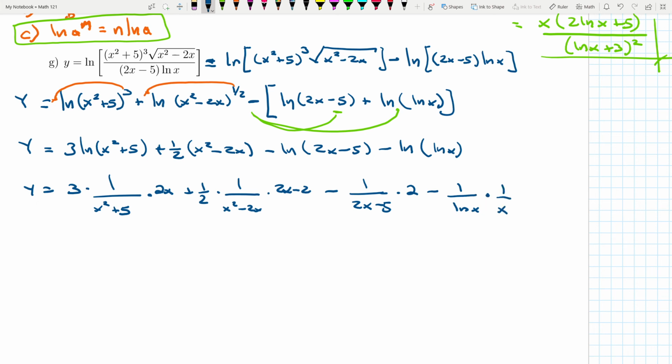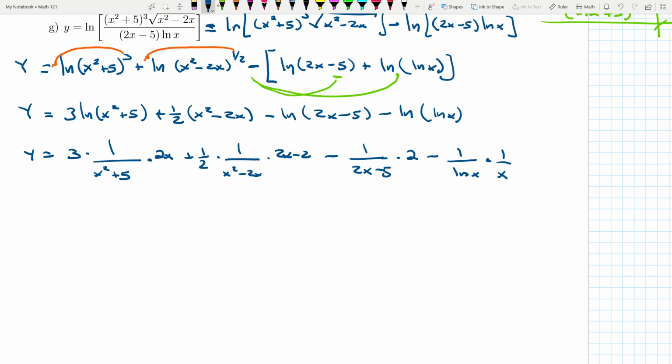Okay, be careful how we combine this 1 over ln x with the x in the denominator. Let's do one at a time. So over here, 3 times 2x gives us a 6x. This was supposed to be y prime. So that's a 6x over x squared plus 5.